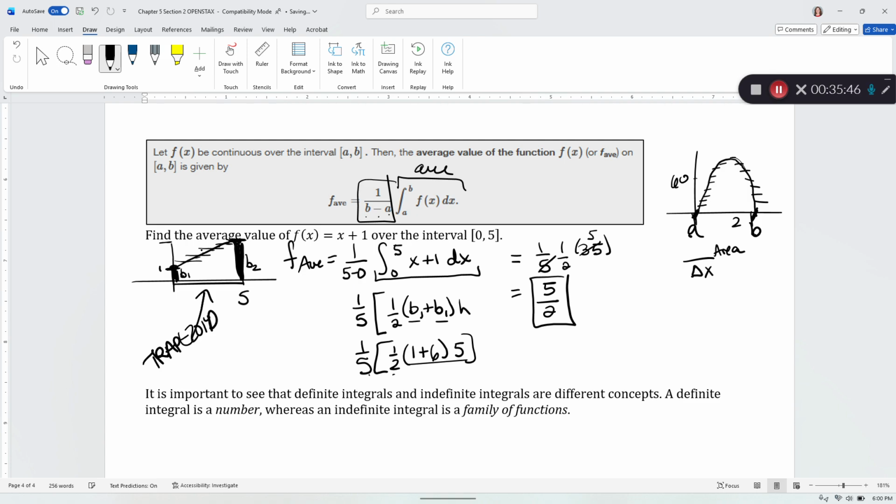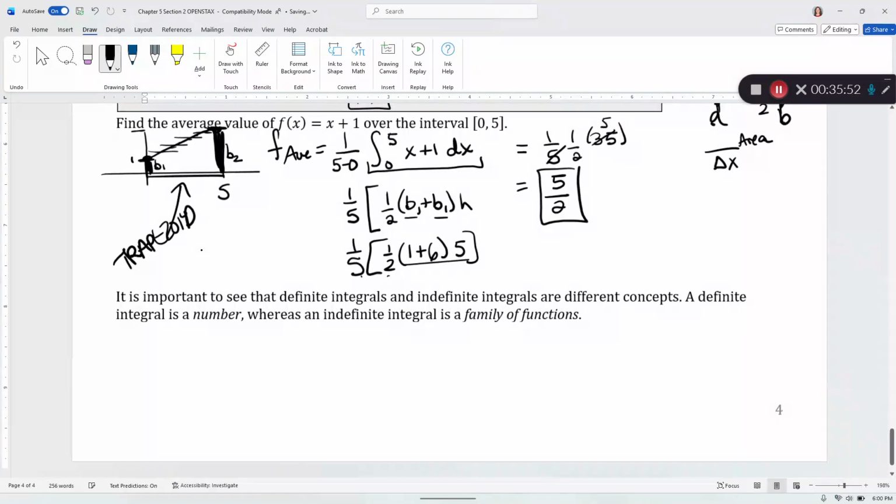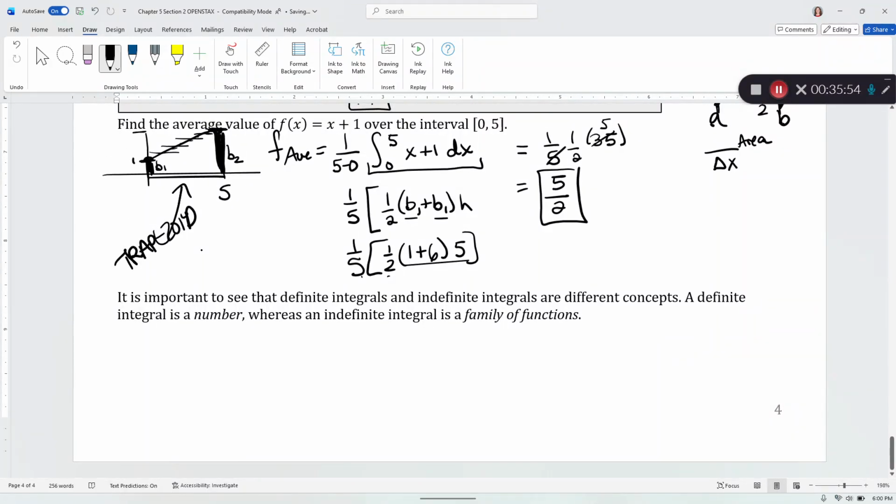Okay? Last thing to mention, and that is you have done indefinite integrals. What I showed you today was definite integrals. There is a difference between the two, okay? So a definite integral is a number, like the problems that we just worked with.